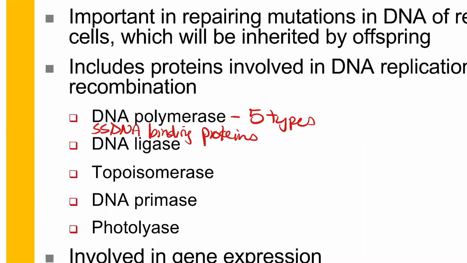So that keep that single-stranded DNA apart so that you can do these different functions of repair, of recombination, of replication. You have topoisomerases to reduce that strain on the DNA when you unwind it. You have DNA primases, so to prime the area for replication, right, to get it ready.